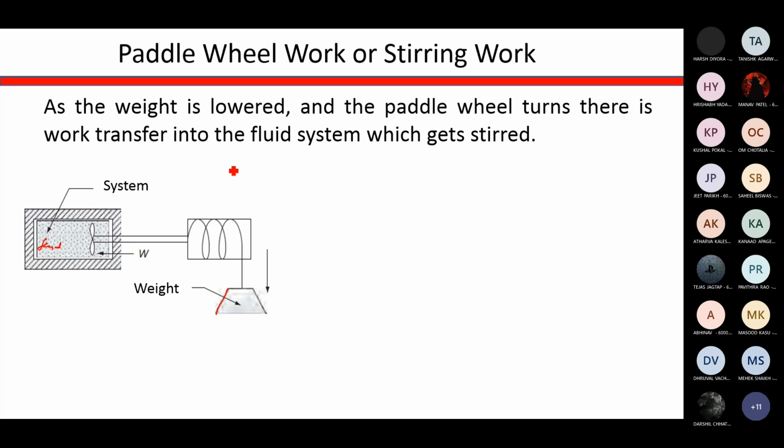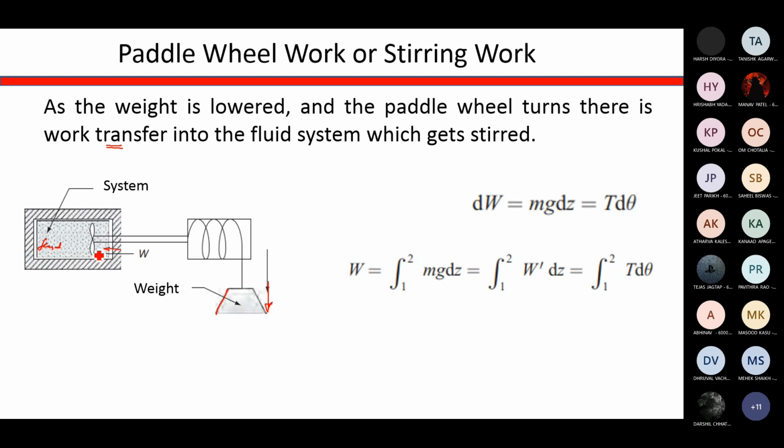So as the weight is lowered, what will happen is the work is transferred into the fluid system. And how is it transferred to the fluid system? Through the shaft, and the stirrer will rotate, and this is how the work is supplied to the system. So this type of work is called the paddle wheel work or stirring work.